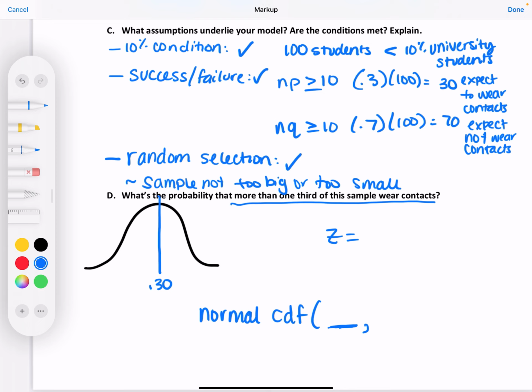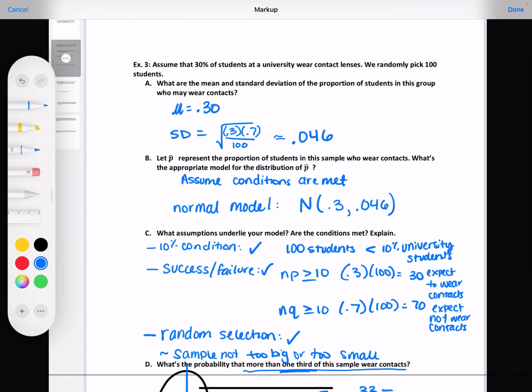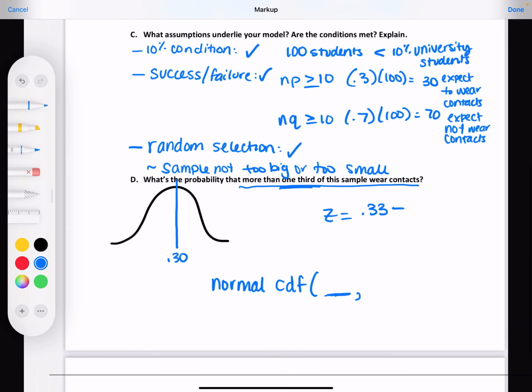The sample proportion it wants is 1/3, which would be 0.33, minus the actual mean, which is 30%, 0.3, over the standard deviation, which is 0.046. Then you get this number, and that number is going to be the first number in the normal CDF. We're doing normal CDF for a normal model.